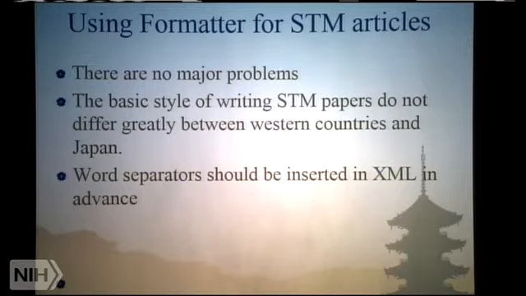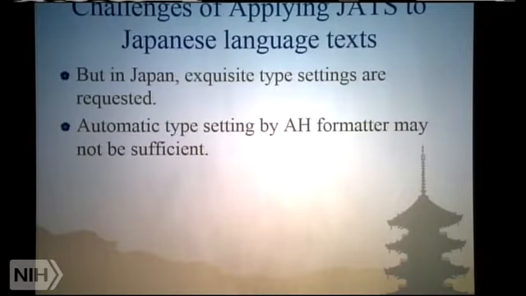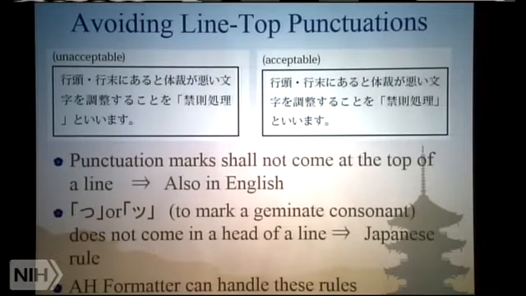Still, we have the following problems. In Japan, exquisite typesetting is often requested. Automatic typesetting by AH Formatter may not be sufficient. Although Japanese texts do not use hyphenation of words, we have rules applicable to line breaks.